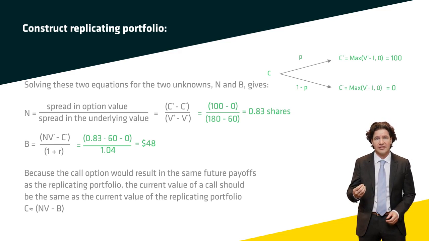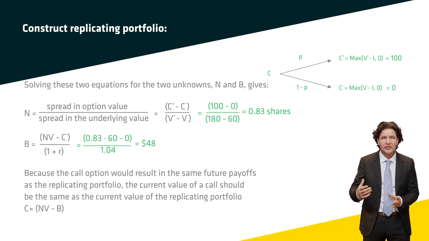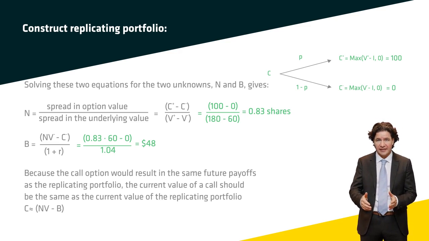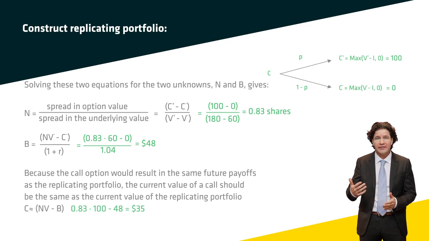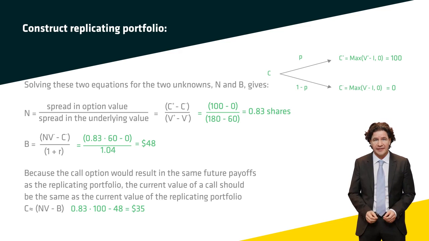And that results in an amount of borrowing of $48. Following this example, we can replicate the return of the option by purchasing a fraction of 83% of the shares in the underlying stock at the current price and borrowing an amount B of $48 at the risk-free rate.